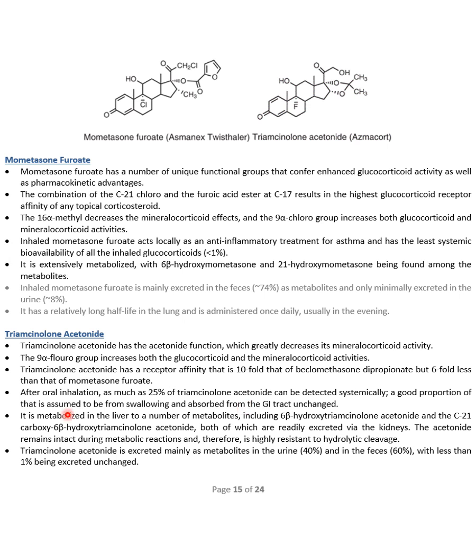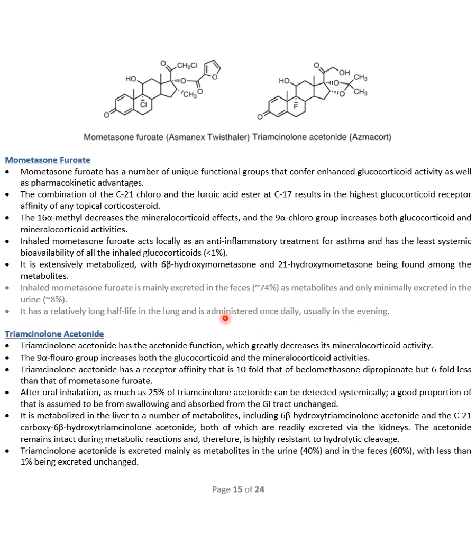So this is the last example, and the rest here is for you to read on your own. Basically, only a small percentage reaches the systemic circulation, but then it's metabolized by the liver. Okay, so that's it for this class of drugs, the glucocorticoids.